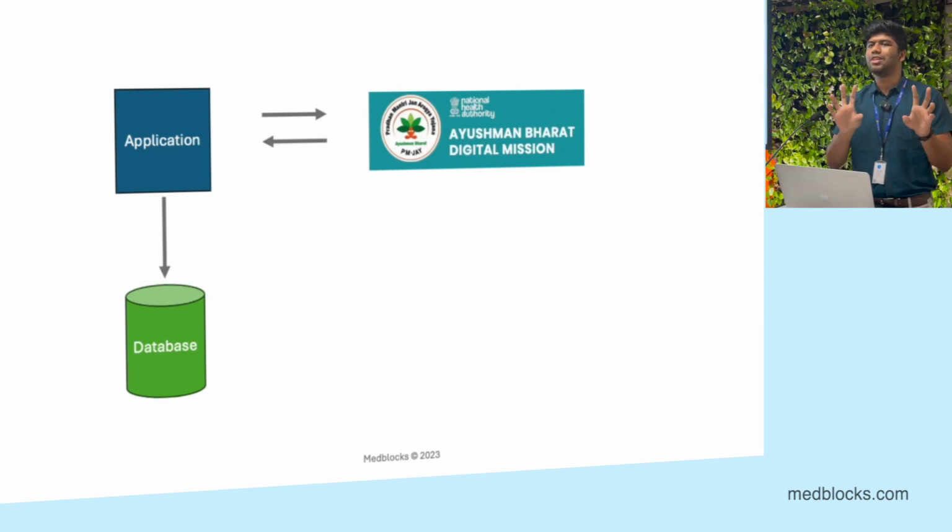There are hundreds of apps. It's just like UPI in a sense, but you will be able to pull your health records from any hospital that you visited. And other hospitals will be able to request data from any other hospital you visited, and you can consent and the data goes through. So that's basically what ABDM is and what they're trying to do.